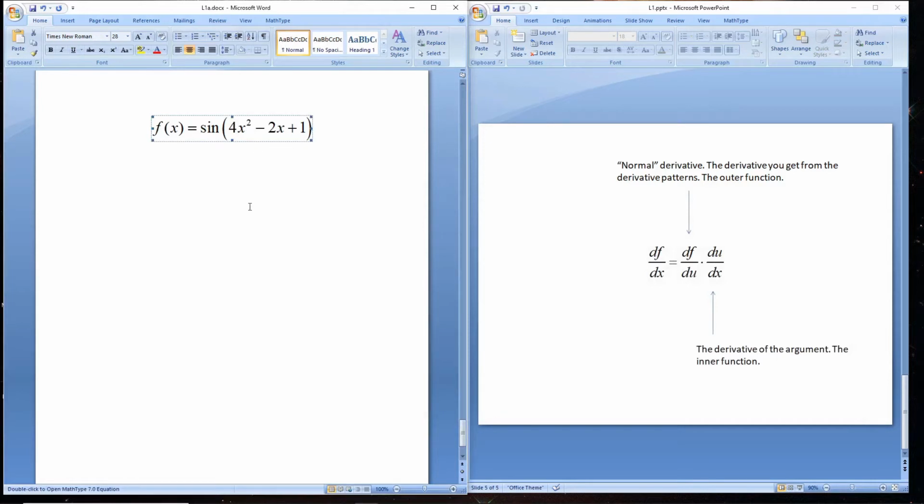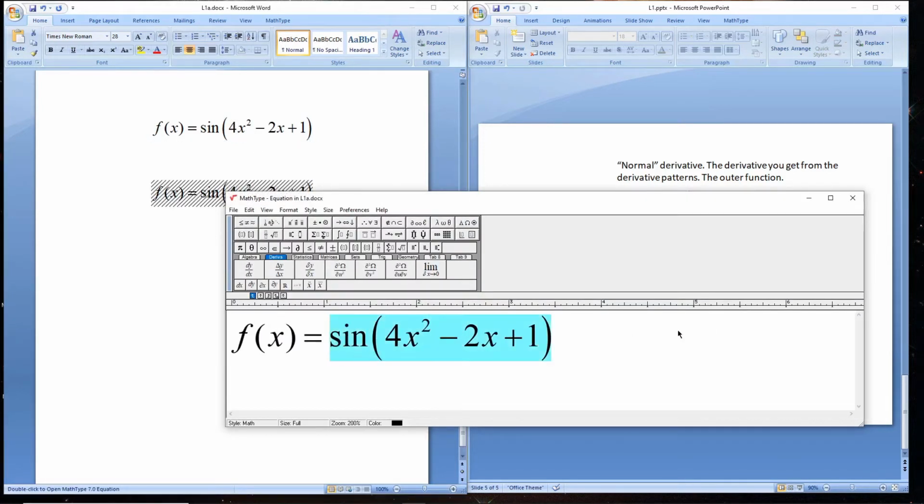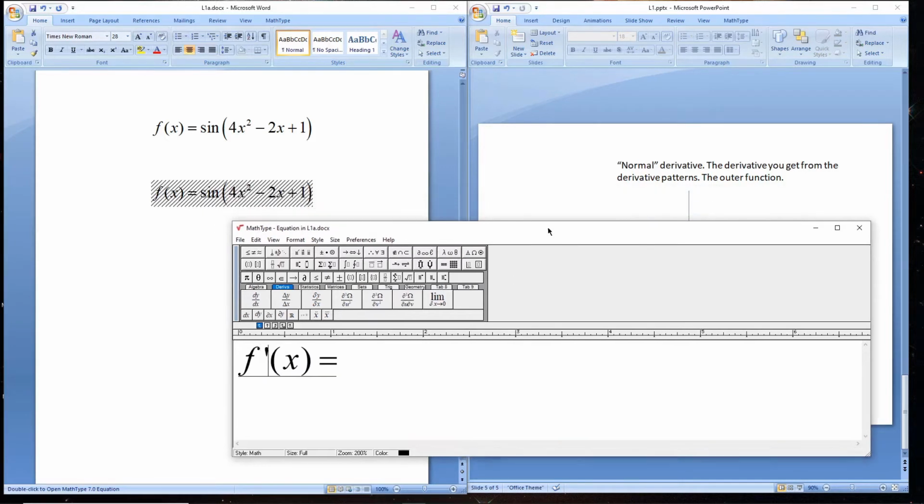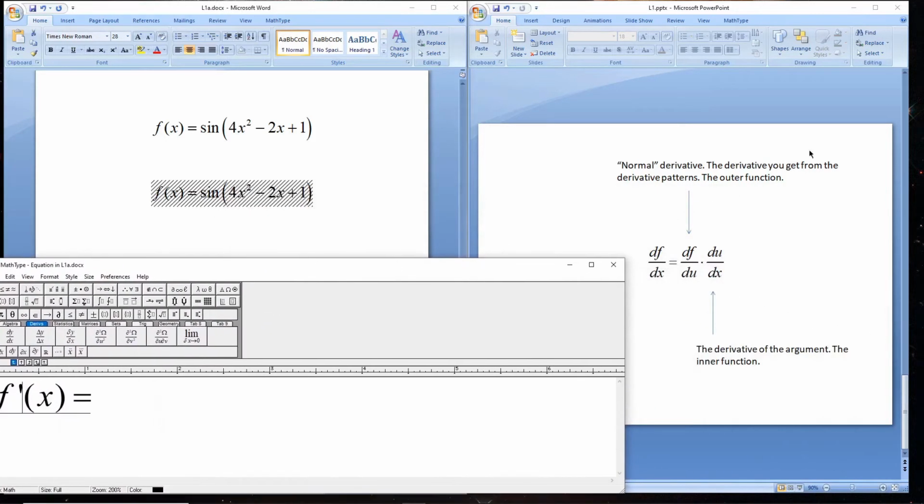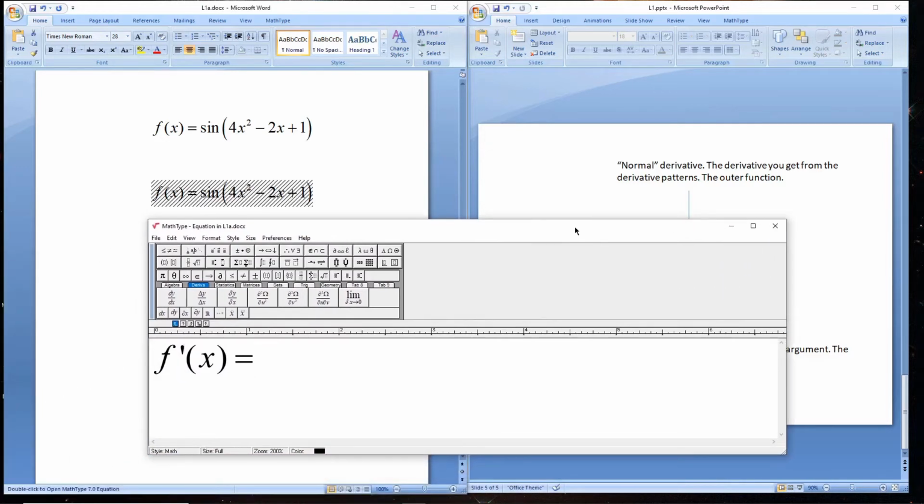And so in the real world, how is this derivative done then, without all those u's and substitutions and stuff? Well, it's done with what I have written over here. It's the chain rule, and this is always true. The chain rule says, first, take the derivative like you normally would. So in other words, the normal derivative of sine is cosine.